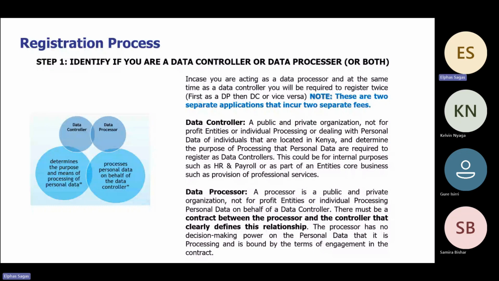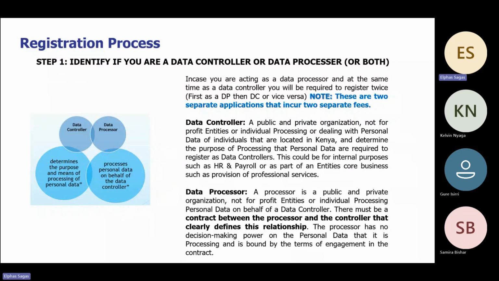This contract states the roles and responsibilities of a data processor. It is important that it's clearly drafted as per the Act and the regulations, so that it can assist in the event of a data breach, or in the event of a data processor acting outside the contract. Let's say a data breach occurs, who is liable at what point?